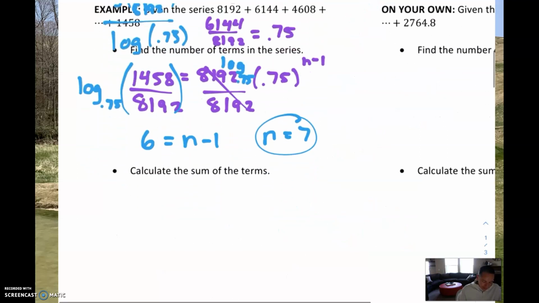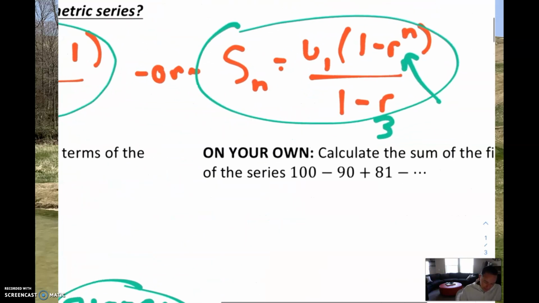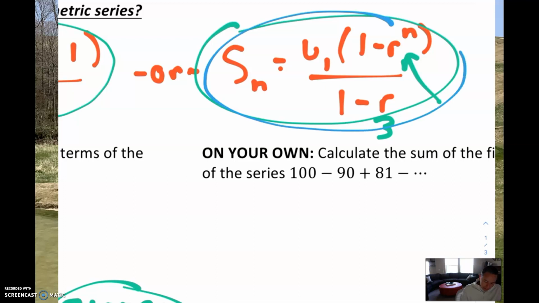Then it says to calculate the sum of these terms. So now that I know that there are 7 terms in this series, we want to find the sum. So since the common ratio is 0.75, I'm going to use this formula here.